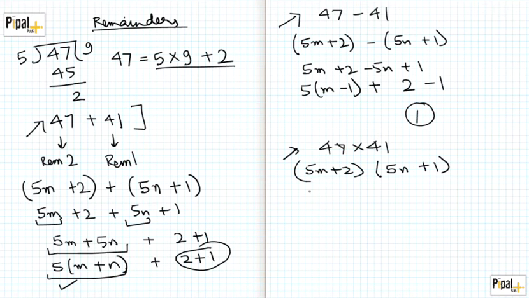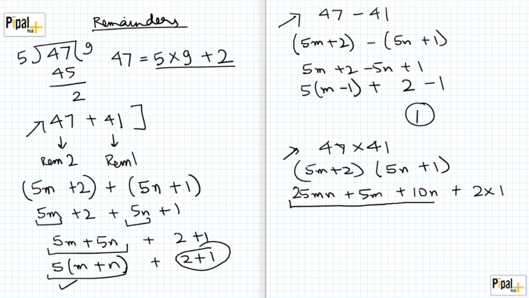Let's multiply 5m with this bracket and then 2 with this bracket. So 5m into 5n is 25mn, plus 5m, plus 2 times 5n is 10n, plus 2 into 1. So these are the four terms that I get when I multiply this bracket with this bracket.